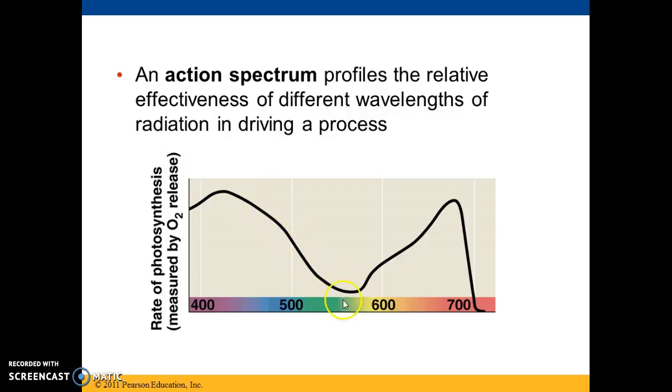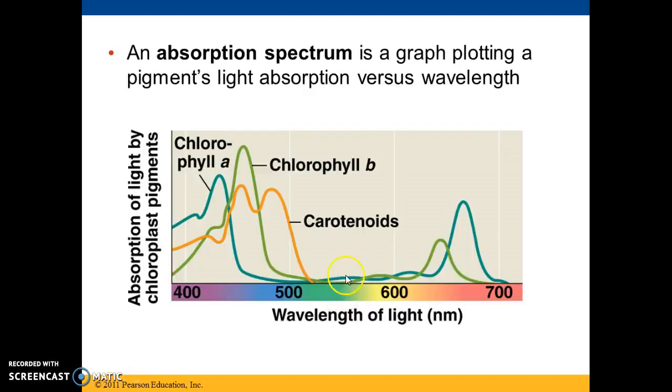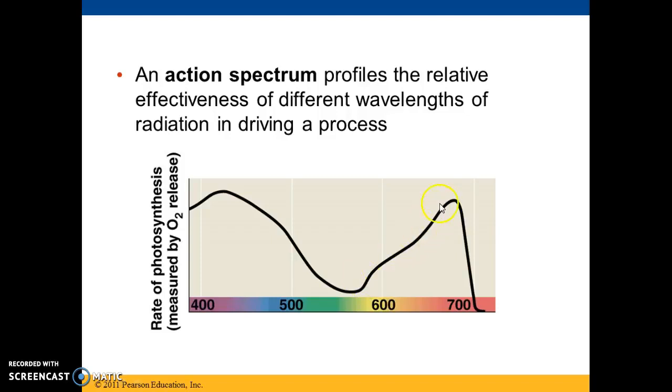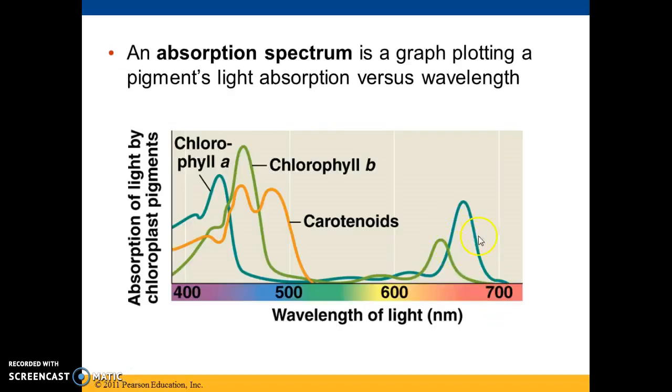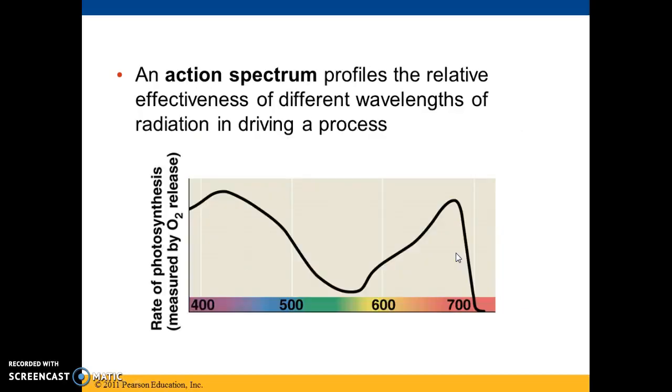Not much photosynthesis happening here, and that correlates to the idea that these wavelengths were reflected. And then we start to see another peak where photosynthesis is occurring well again, and that again correlates back to this idea that if that energy is absorbed, then the organism can do something with it, like carry out photosynthesis.